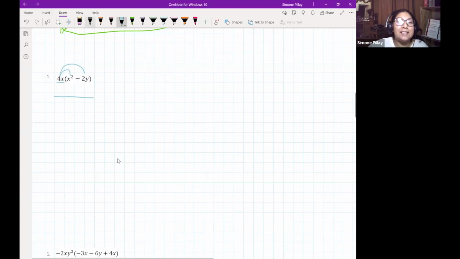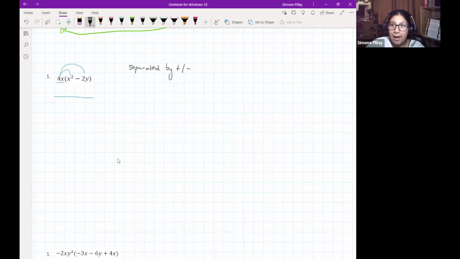Remember, in one of our previous lessons, last week Tuesday actually, when we were talking about terms, I said that terms are separated by either a plus or a minus sign.